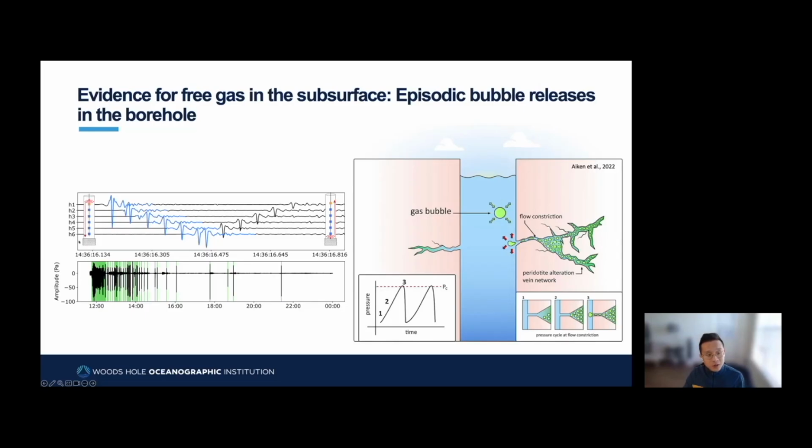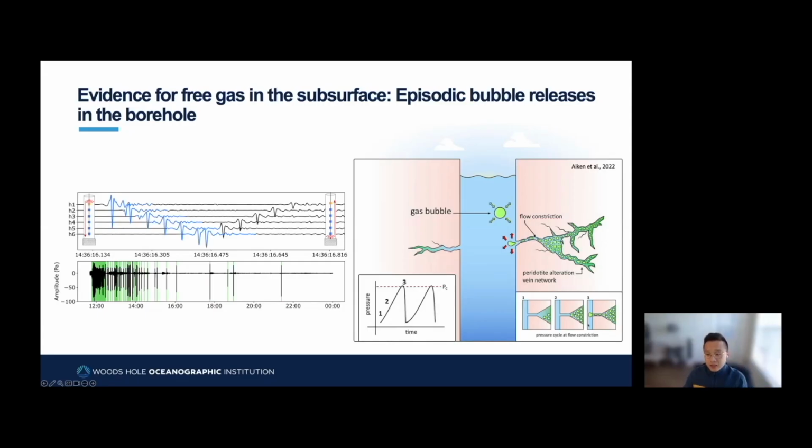On this plot, the top one shows the waveforms of one bubble injection, which clearly initiated at the top of the borehole, propagated downward and reflected back. And the bottom panel shows how the waveforms of the bubble swarm look in a 12-hour time period.